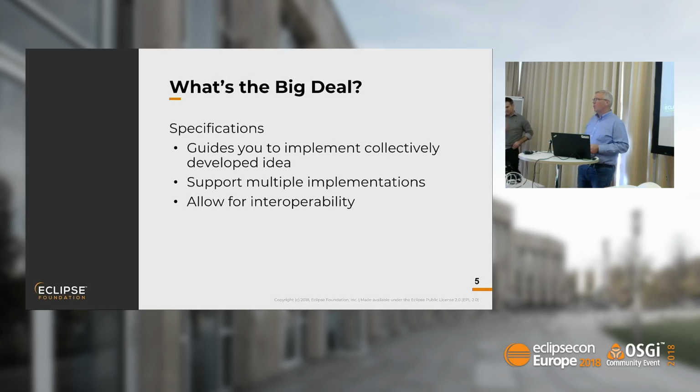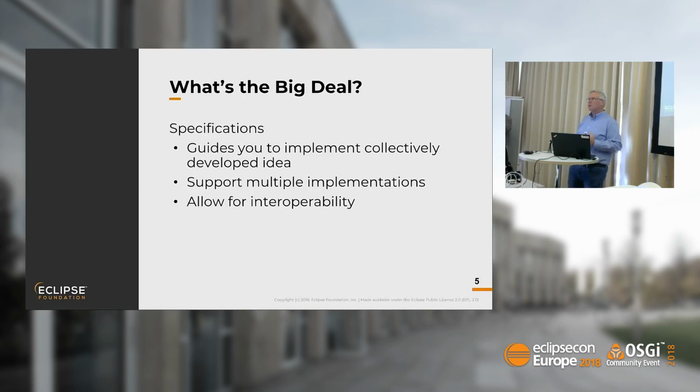So what's the big deal? Why are specs useful? You can meet folks in open source who'll say all you need is open source, you don't ever need a spec process. But specs do help in collectively defining an idea. Just because your open source code happens to be really cool and perfect in all ways because you wrote it, other people might have different opinions on how to implement something.